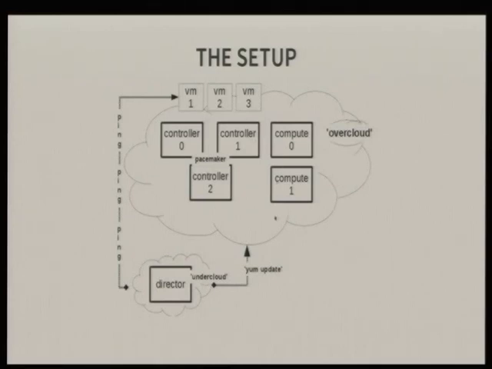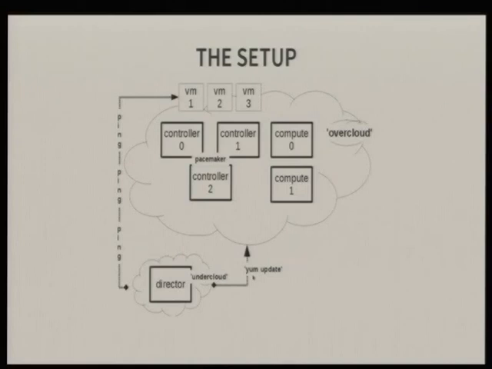But it also shows the goal, which is what we want to work towards. And the goal is that with your tenant VMs up here, from the director node, an operator can come in, do a simple CLI command, yum update, and that will then go away and take each of the nodes in the overcloud sequentially, one by one. We'll see how that works in a moment in a little bit more detail, and update them.